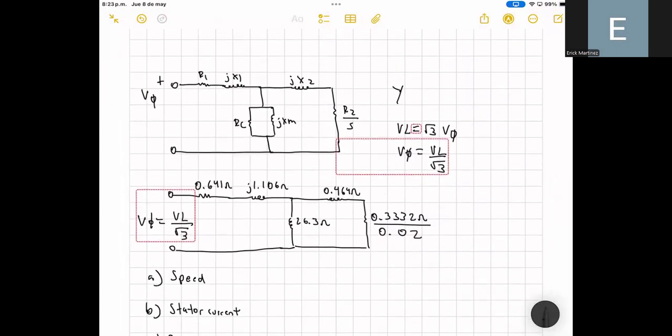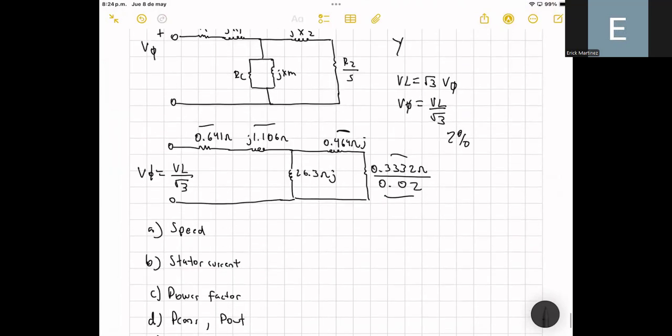This is the value of R1, this is X1, this is X2, and this is R2 divided by the slip of the motor, which, remember, was 2%. So I removed the 2% and divided in this part. This is XM, the magnetic reactance. Also remember that this is an imaginary number.